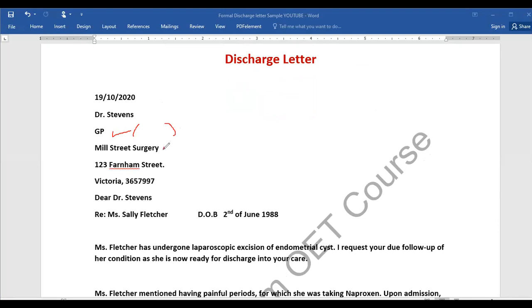This is the name of the surgery. In Australia, surgery is equal to the general practice. It's the same meaning. And this is the full address of the patient's surgery or GP clinic. Then you write the normal heading that we are used to write.